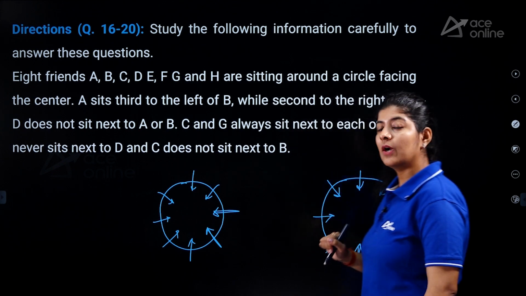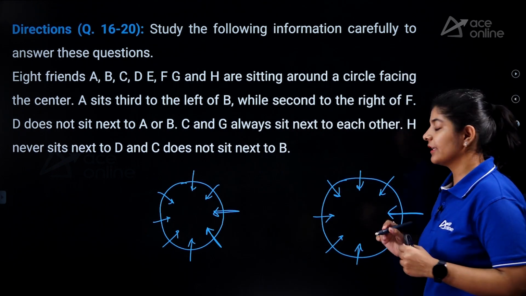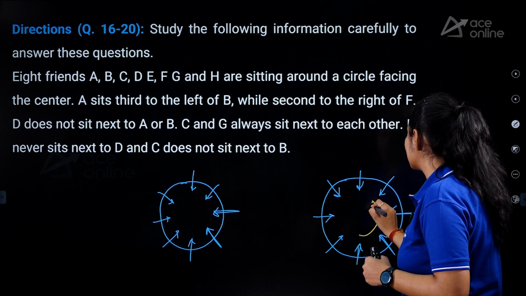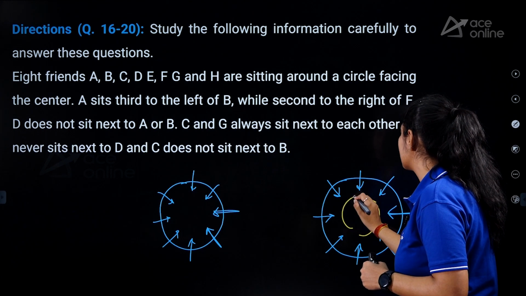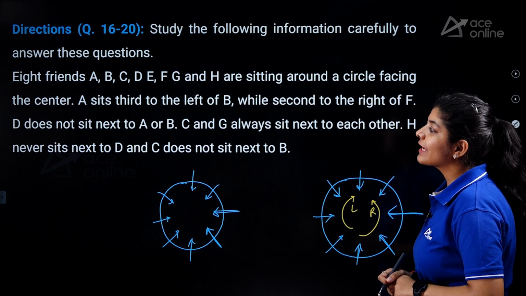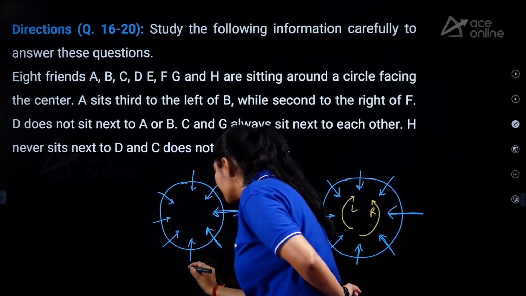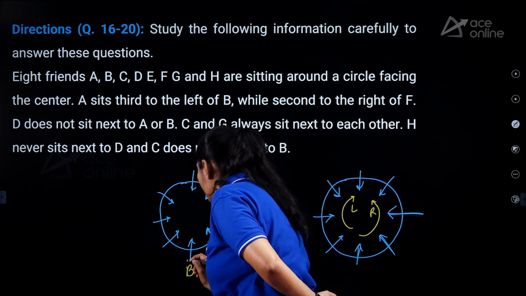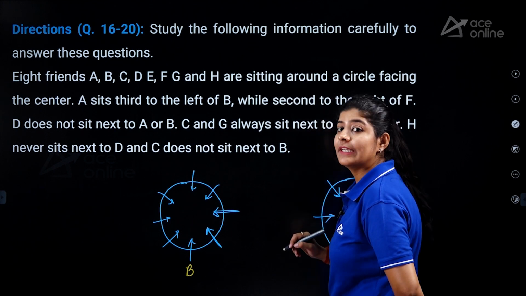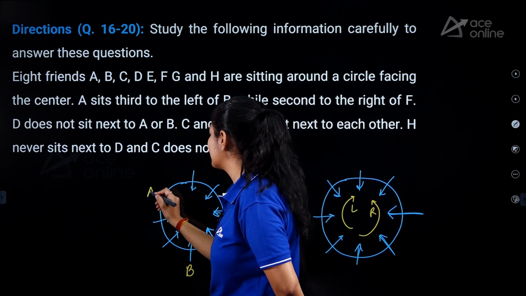Now, if all of them are facing towards the center, this is the right direction and this one is the left direction in both cases. So the question says that A sits third to the left of B. If let's suppose B is over here, then A is third left: first left, second left, third left. A should be at this position.